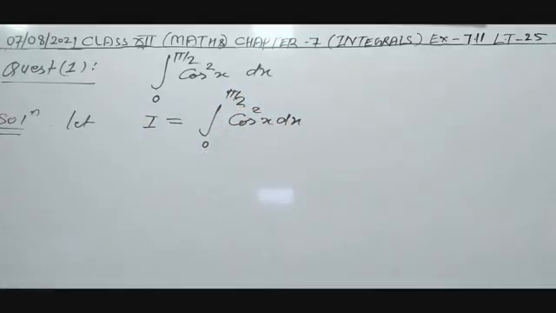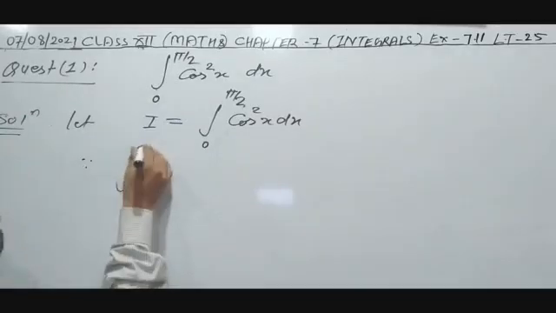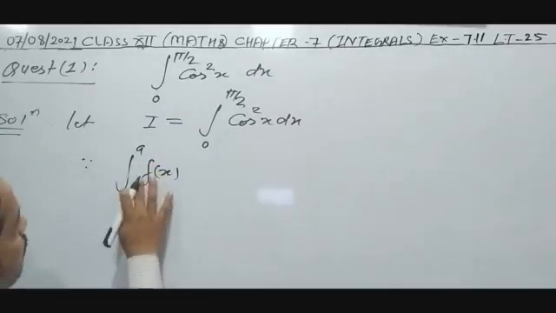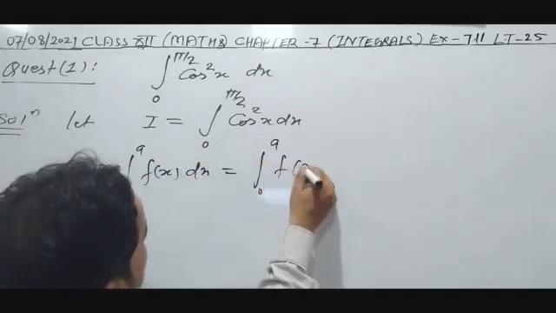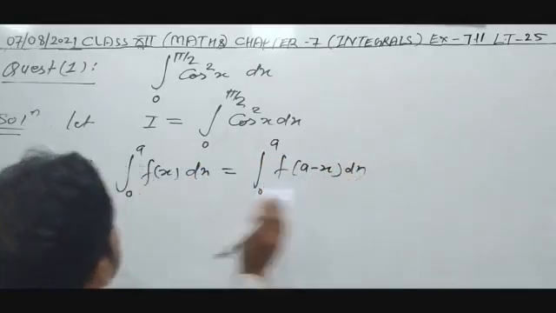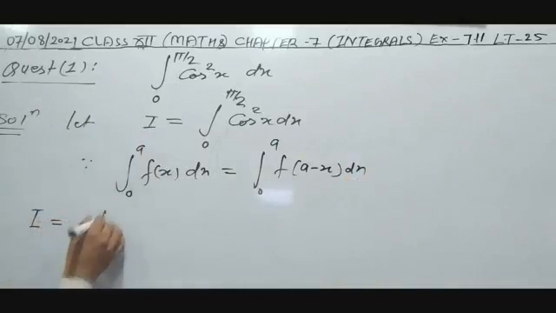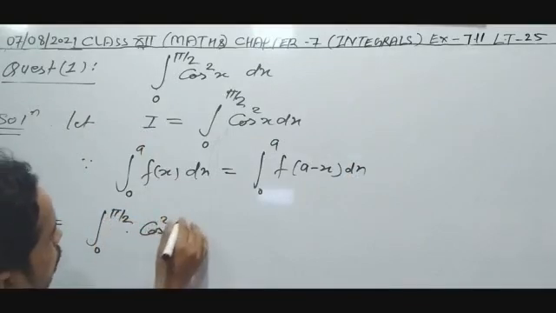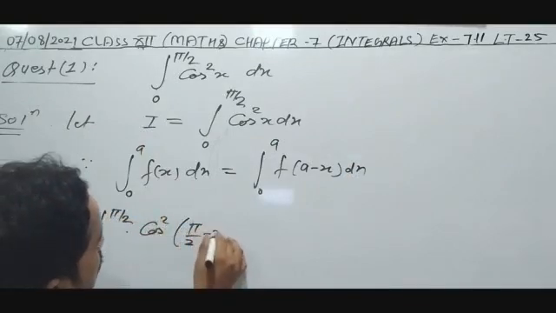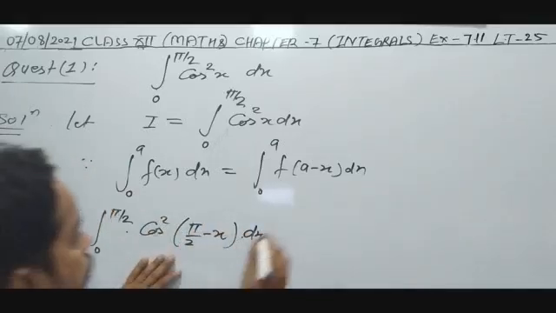Now I will use the property integration over 0 to a f of x dx, we can write as integration over 0 to a f of a minus x dx. So by using this property we can write I is equal to integration over 0 to pi by 2 cos square of pi by 2 minus x dx.